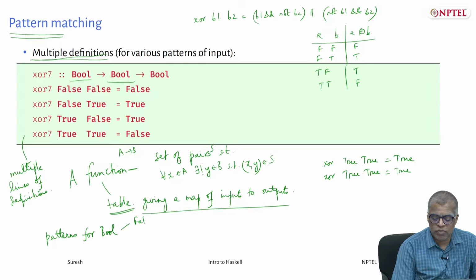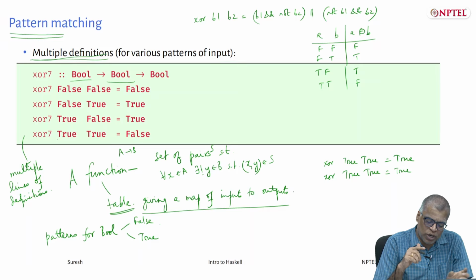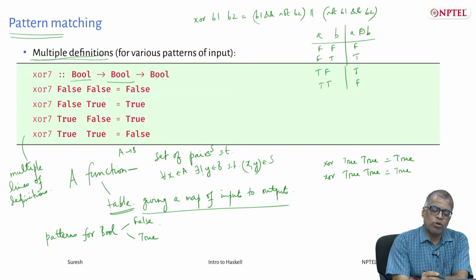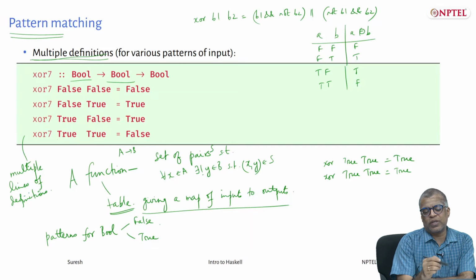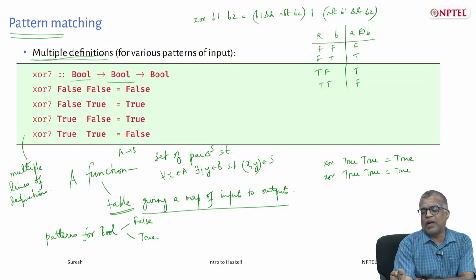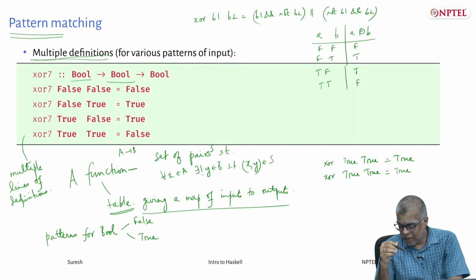False is one pattern, True is another pattern. We will see later that you can have much richer kinds of patterns and not just single values like this. So that is why this style of definition is called pattern matching, and we have just replicated the definition of this truth table for XOR in a Haskell definition. Okay.